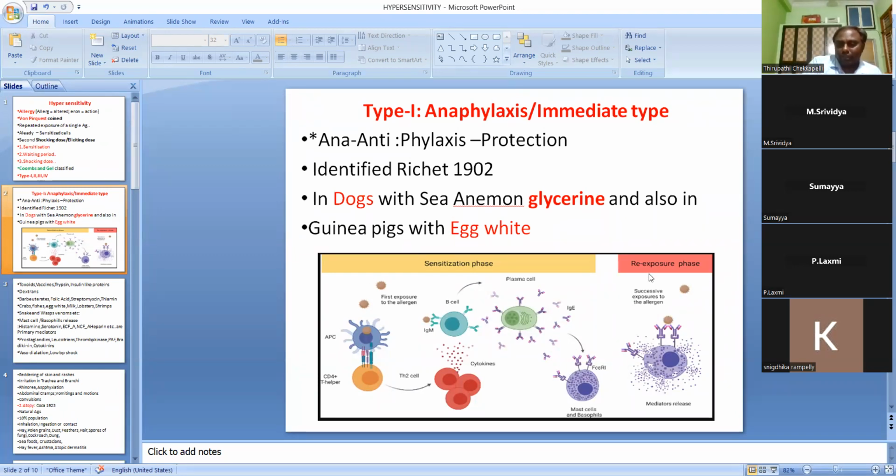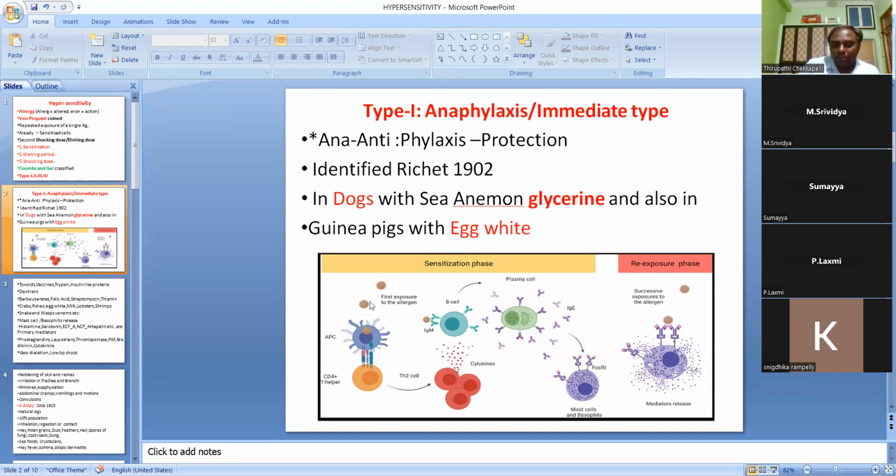In the re-exposure phase, after 5 to 10 days, he injected the same kind of antigens into the animal. Here the reactions are identified by activated B lymphocytes, that is, the memory cells.